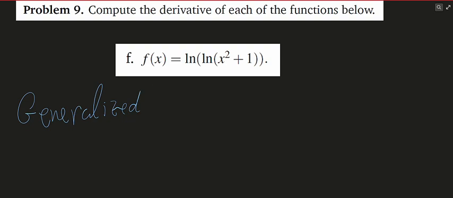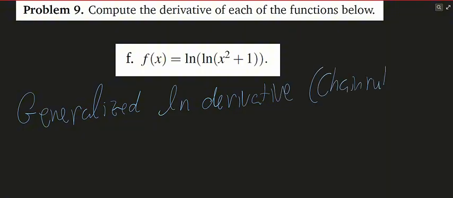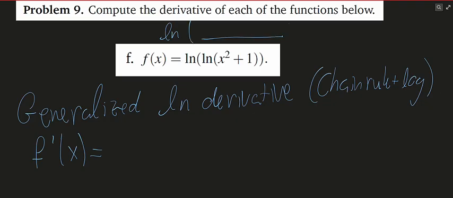This is probably the most challenging problem we'll do today. So, generalized log, or I should say ln, derivative: in parentheses, chain rule plus log. Good. What am I going to do? I'm going to do f prime of x is equal to, now if you'll recall, the function is ln of whatever is inside.